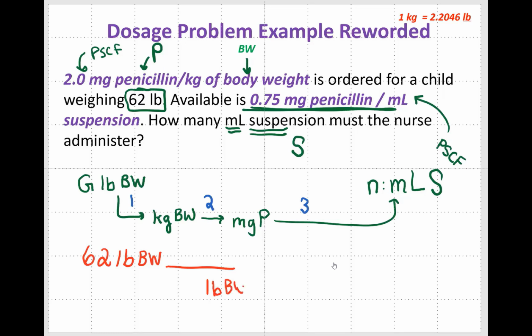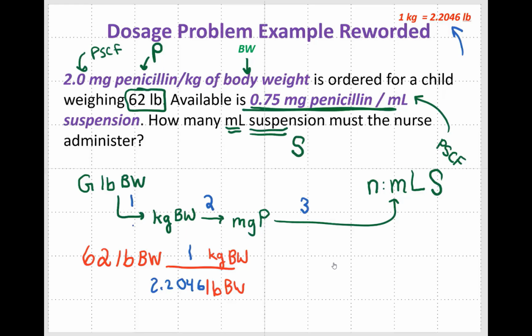We're talking about body weight, and then kilograms of body weight. And this is just our pounds to kilogram conversion here. So we'll put 1 in front of kilogram and 2.2046 in front of pound. So that completes step 1.